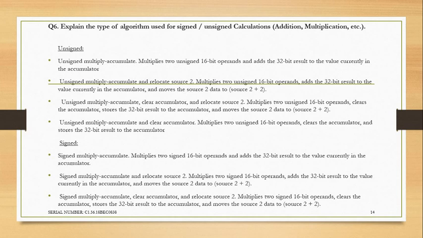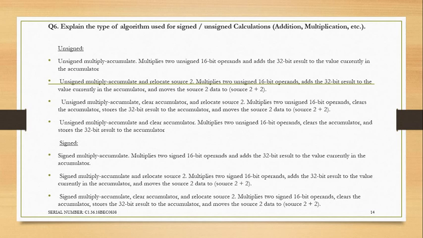The same way takes place in signed multiply accumulate. Multiply two signed 16-bit operands and add the 32-bit result to the value currently in the accumulator. Signed multiply accumulate and reallocate source 2: multiplies two signed 16-bit operands, adds the 32-bit result to the value currently in the accumulator, and moves to the source 2 data, which means source 2 plus 2.